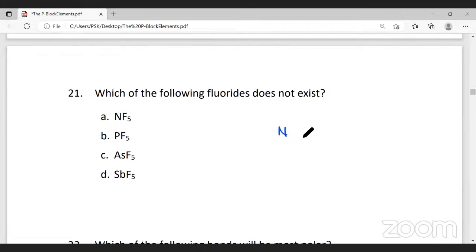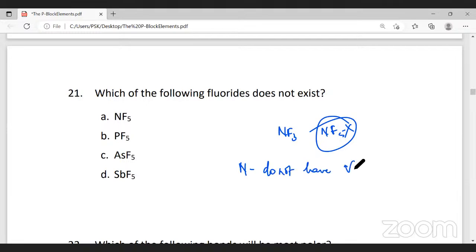So NF3 is possible. NF5 is not possible because nitrogen does not have vacant d orbitals. So this fluoride, NF5, does not exist, but all the other fluorides exist.